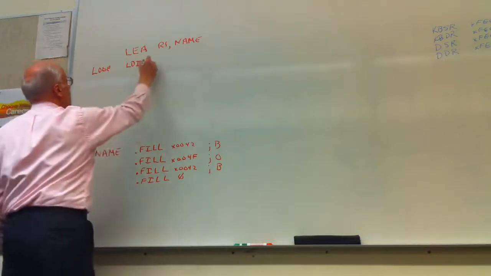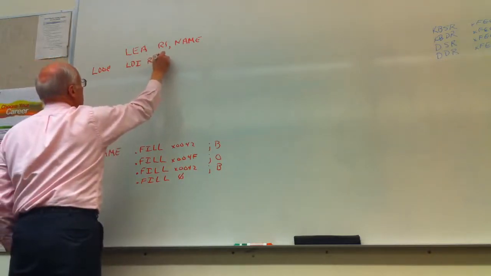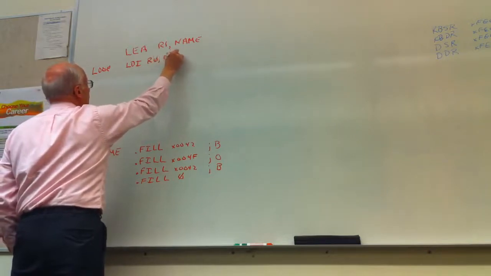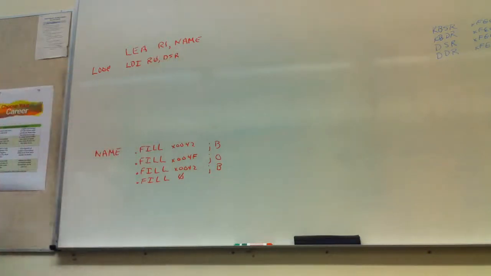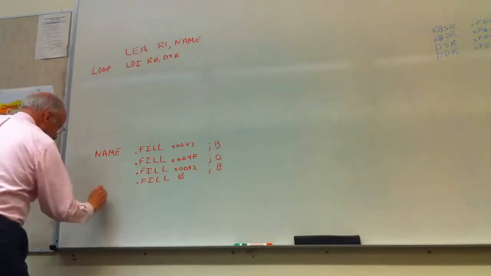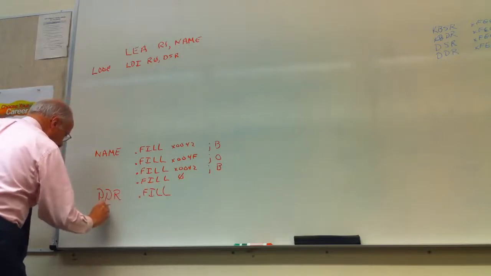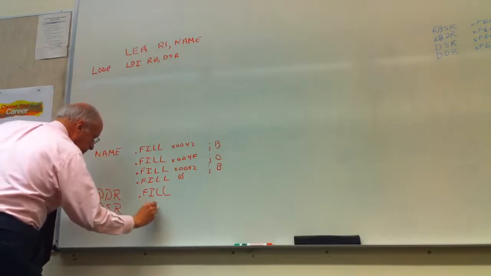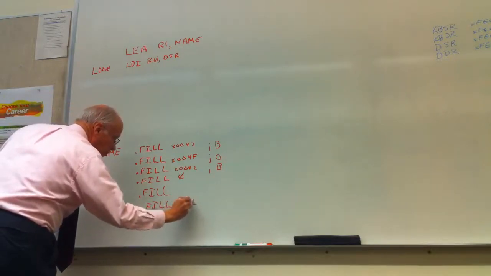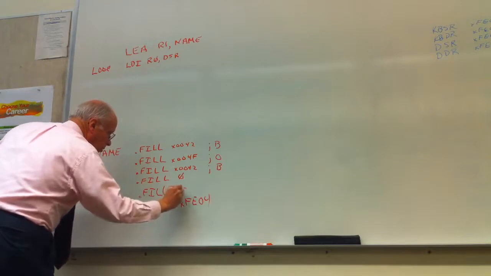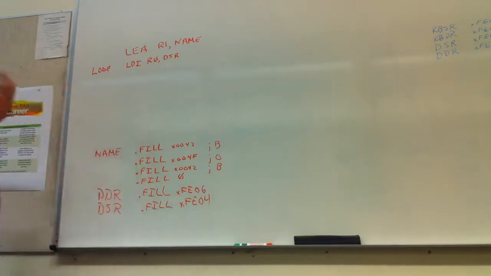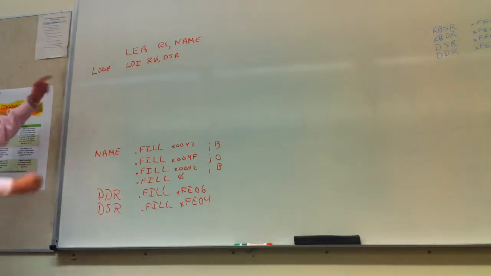I'm going to load the display status register. Again, just like we did with the keyboard, it's an indirect, because what I actually store down here is an FE04 and this one is FE06. Okay, I'm going to get that in there.